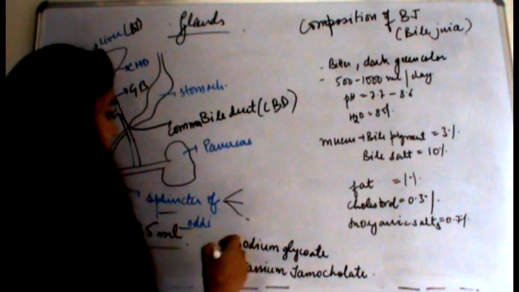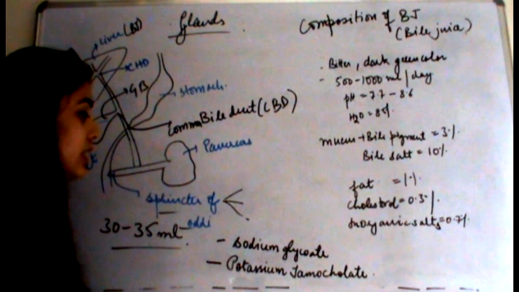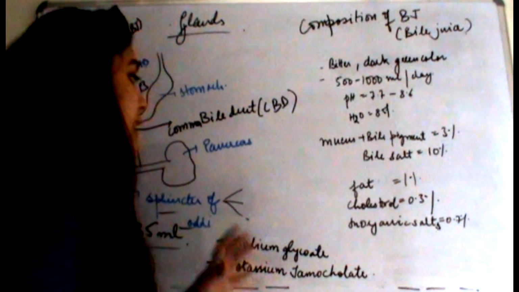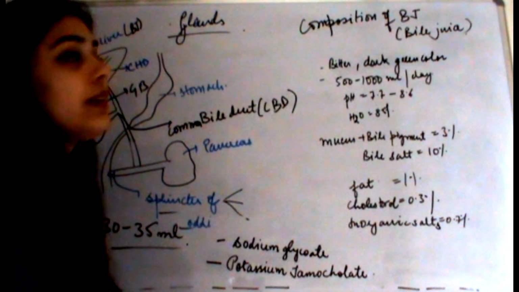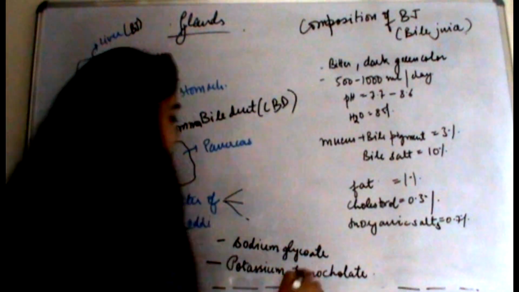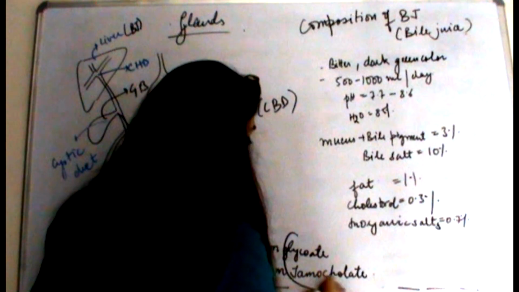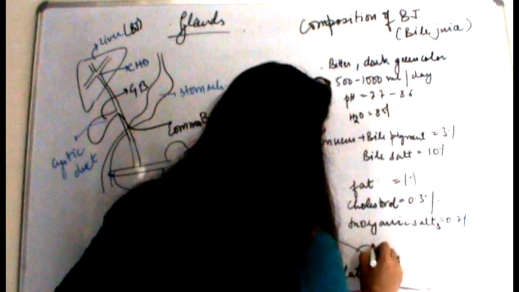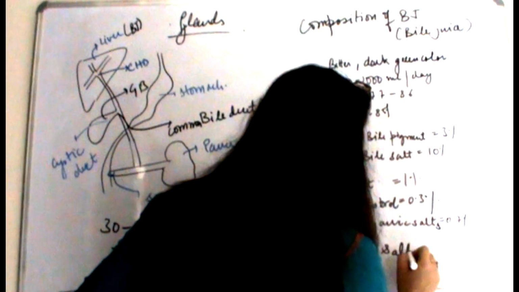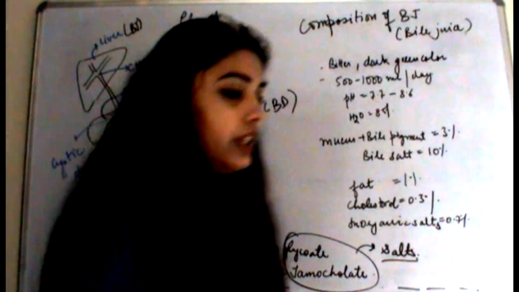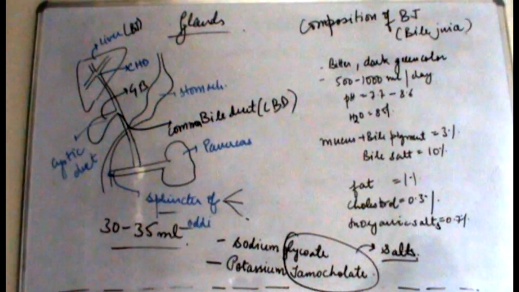So what is this now? Sodium glycolate and potassium taurocholate. What are these? These are actually bile salts, right? These are the salts, right? Glycolate and taurocholate. Let me just change the marker, guys.